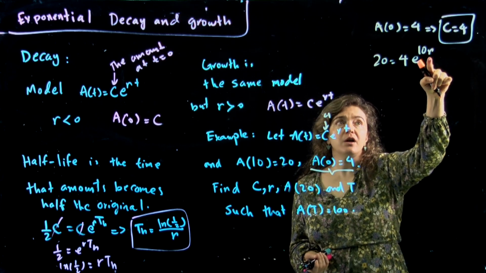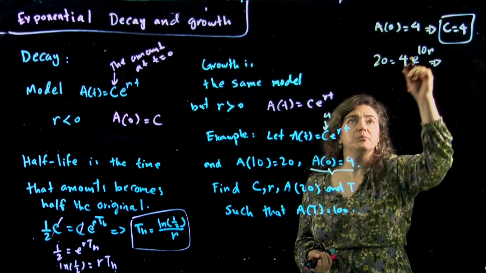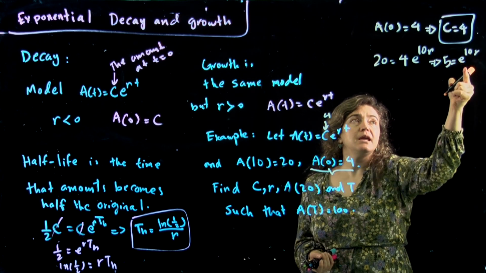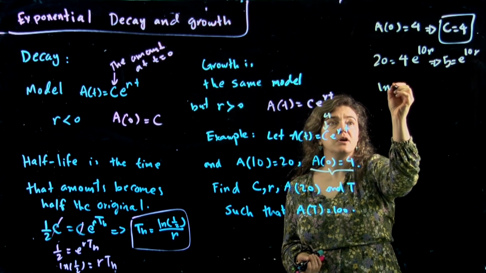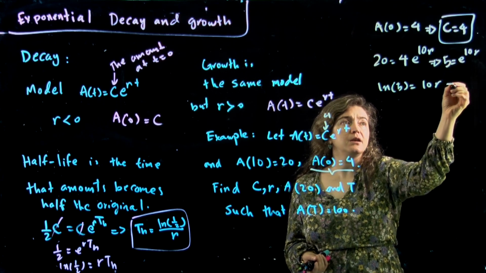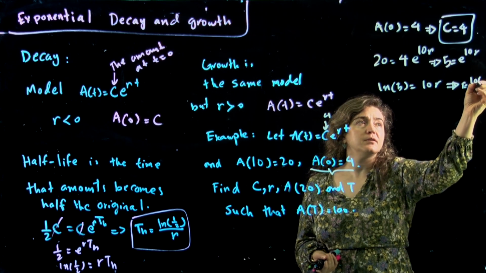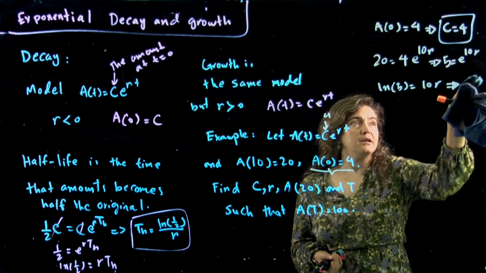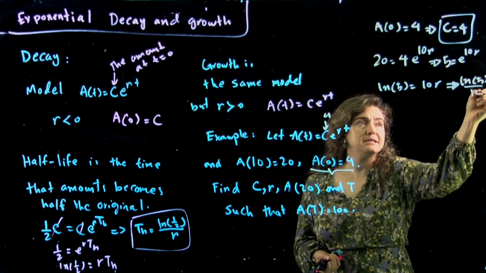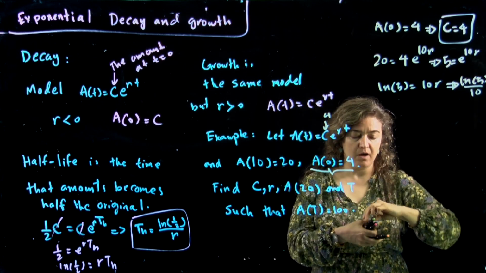Now solve for r by, first of all, dividing by 4 to get 5, and then taking the natural log of both sides, 10r, and r is going to be ln of 5 divided by 10 equal to r.